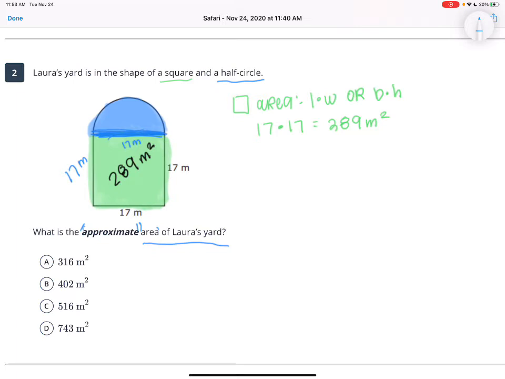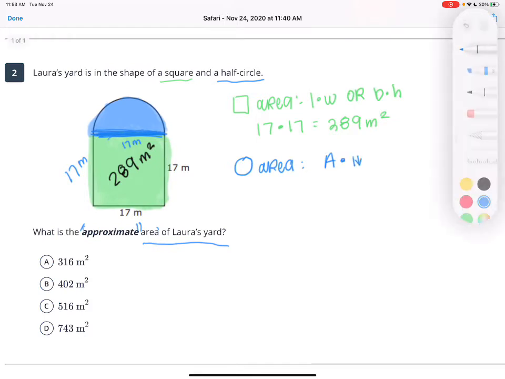But when I look at the area of a circle formula, it says A equals pi times radius squared. Let me undo that, because I don't want you guys to think that you have to multiply anything times the actual A. So is 17 a radius or a diameter?